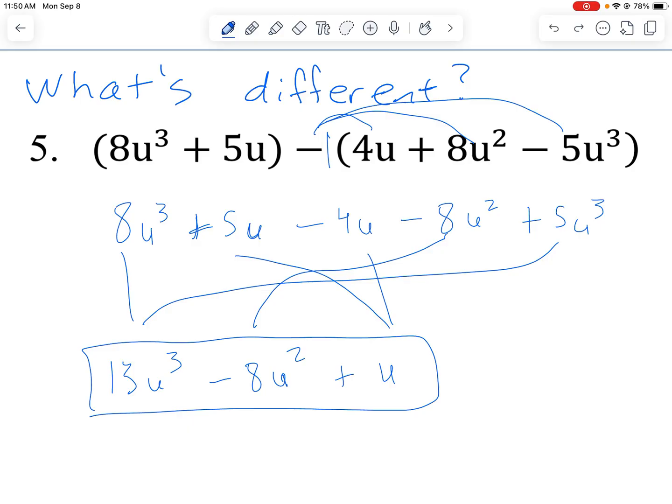The power or order of your polynomial is based on the highest power on your variable. So in this case, since it's 3, we'd call this a third order polynomial, or a polynomial of the third power.